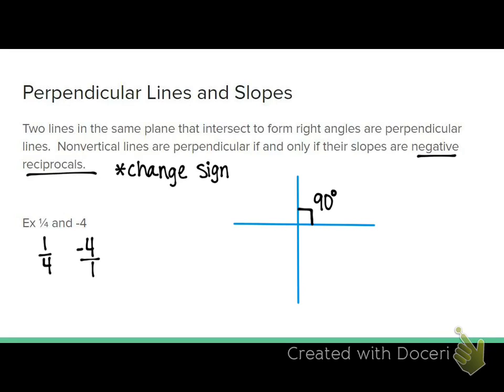So it's not going to be the exact same number. We have to remember to change the sign and flip the fraction. All right, questions about perpendicular lines? Change sign, flip fraction. Other than that, the rest of these problems will be like what we were doing before.